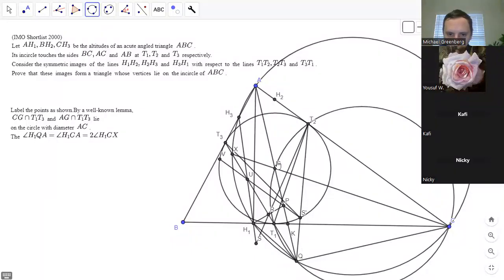We know that this is an angle bisector, so since this is an angle bisector, this was also an angle bisector.